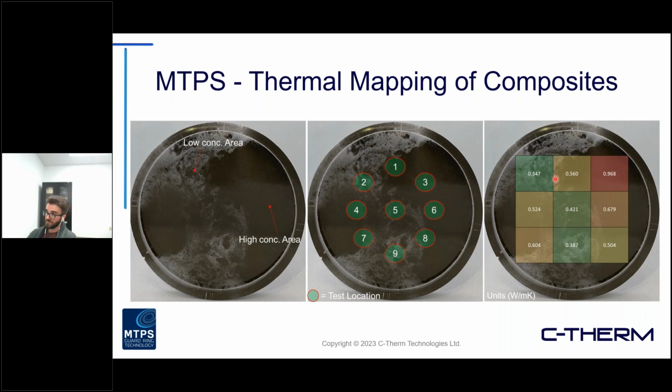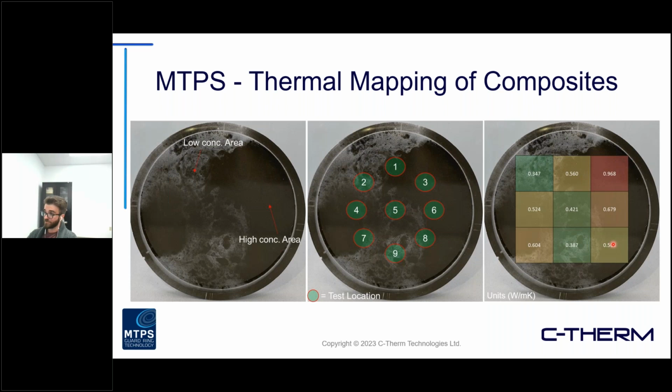Then, as you can see in this picture, we overlay that on top of the sample, which can be used to correlate back to whether the material is being dispersed evenly or not. Obviously, in this example, we could tell that based on visual inspection alone. However, there are many materials which are opaque in nature, or you're simply not able to do that type of visual detection as easily.